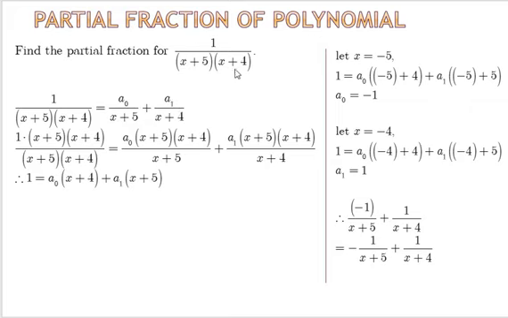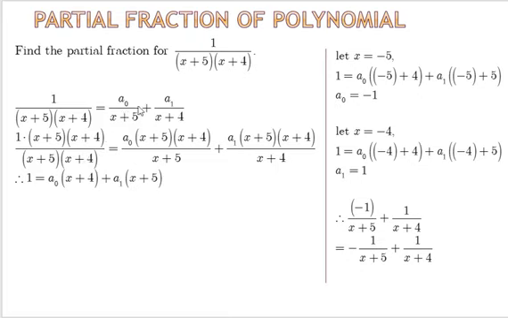Like this one, we have 2: x plus 5 and x plus 4. If it's 2, then we can split it into a0 over x plus 5 and a1 over x plus 4. Now if you have another one extra, for example an x multiplied with this, then we have another one, a2 divided by x. So on and so on, you can add as many as needed. Now we just consider the case of 2.